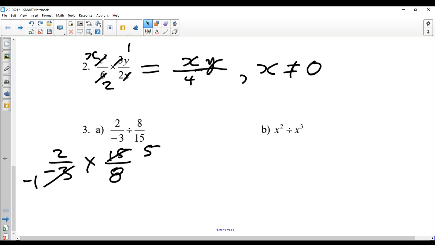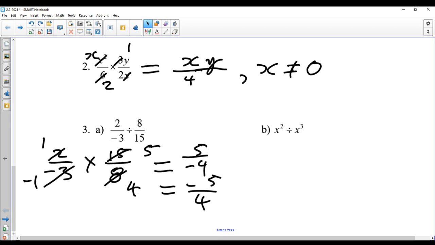Anything else that you notice that we can reduce down? Atifa, go ahead. Okay, so 2 goes into 2 and into 8, good. So what are we left with here then? 5 over negative 4. And I prefer if you put the negative 5 over the 4. Is it wrong? No. You can put a negative on either one.